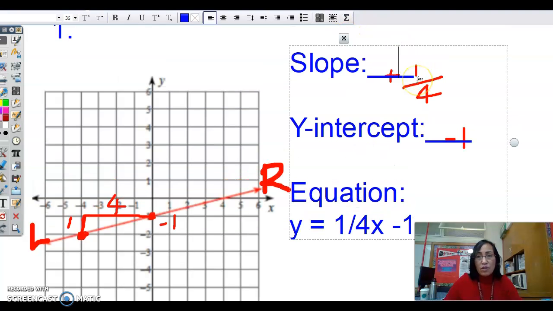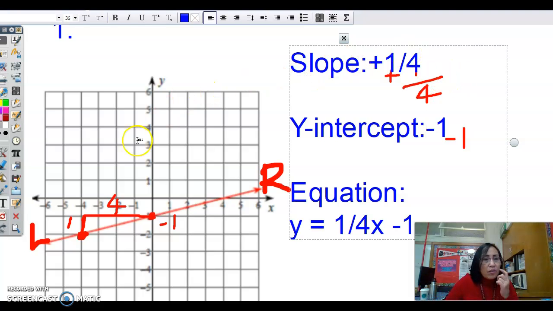Okay, so again, I'm going to retype it. My slope is a positive 1/4, and then my y-intercept is -1. There you go. I retyped what I was writing. I type it in, so I'm done.